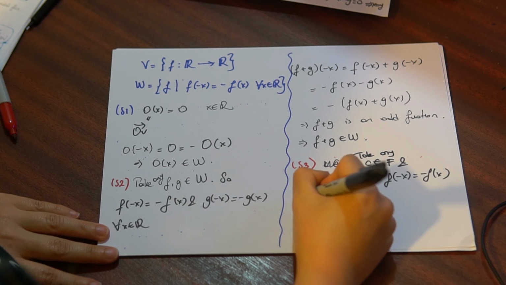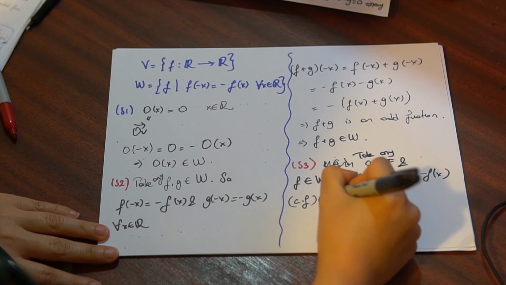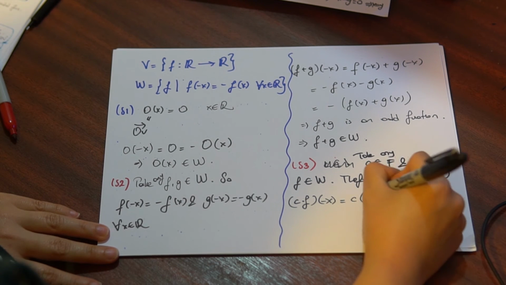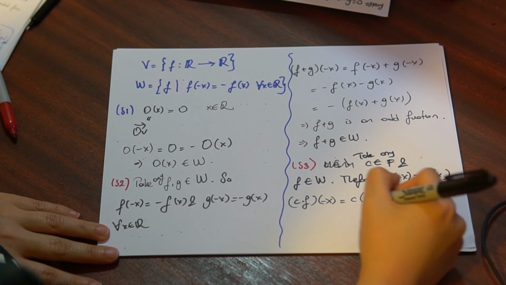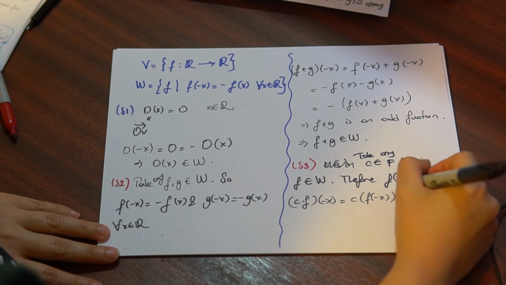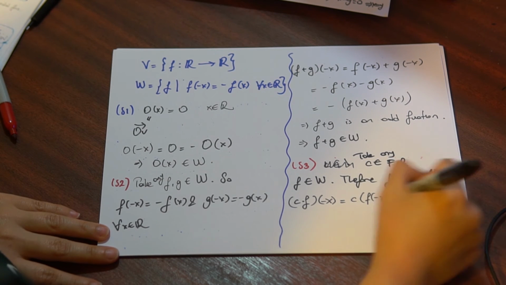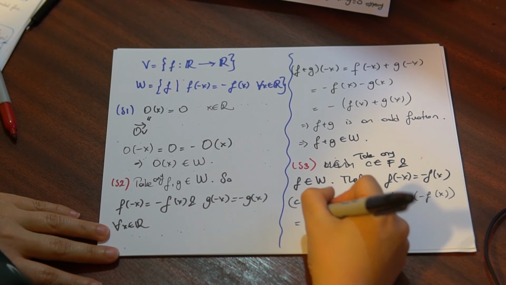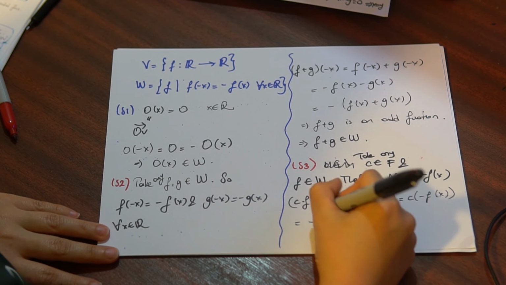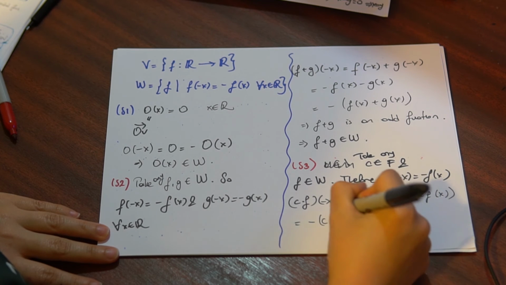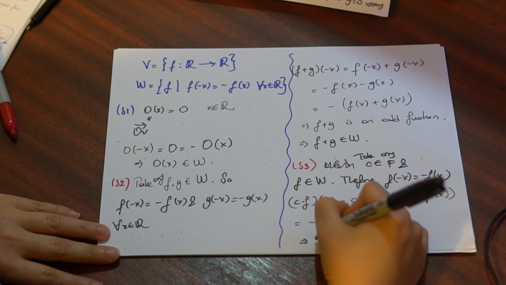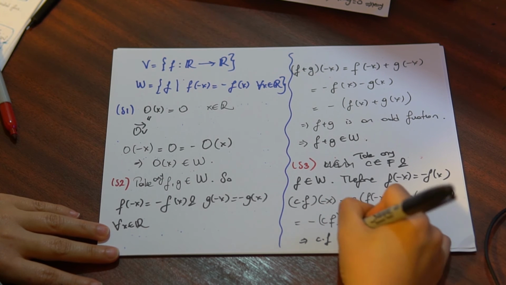So let's look at the function c times f, evaluated at minus x. This is equal to c times f of minus x, which is equal to c times minus f of x. We can take the minus outside: minus c times f of x. So c times f is an odd function.